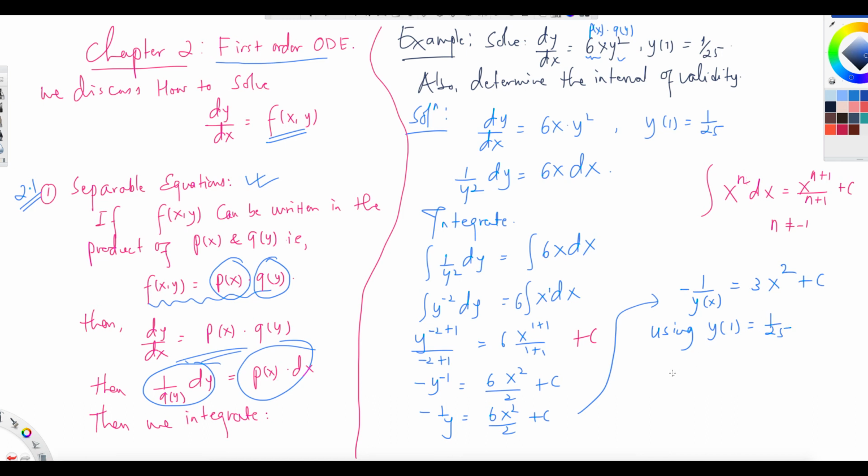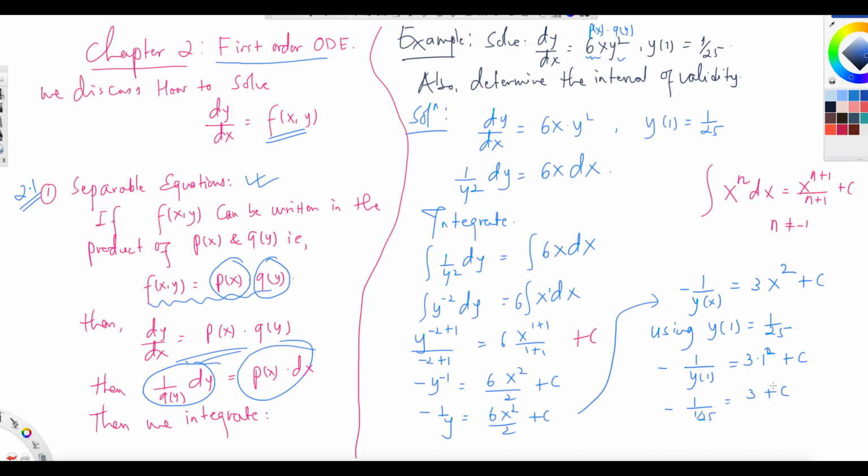What do I get? Negative 1 over y at 1. I'm replacing x by 1, equals 3 times 1 squared plus c, right? So how much is that? That is negative 1 over, what is y1? y1 is 1 over 25. I can write 1 over 1 over 25 here, equals 3 plus c.